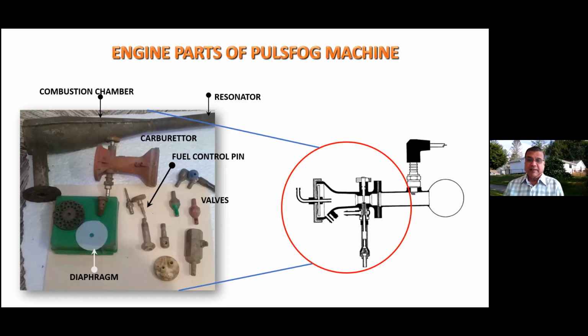So this area where you see the carburetor, this red circle, has got so many parts. It's a carburetor, a fuel control pin, and there are valves, one-way, two-way, and three-way valves. And this is a combustion chamber, the resonator. This is very important. This long tube which comes inside this combustion chamber and the resonator costs about 30 to 40% of the machine cost.